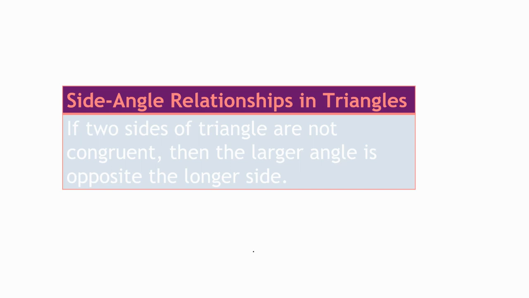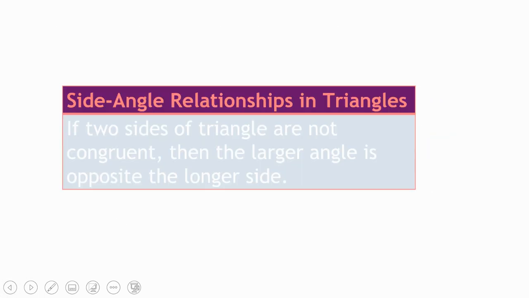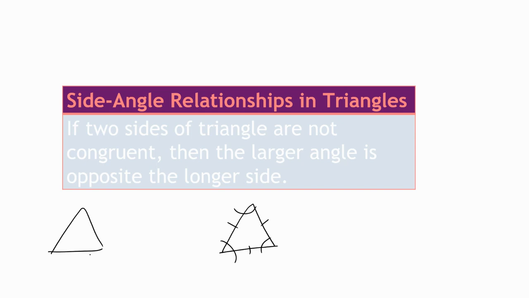So you should start to notice in this unit that there is a direct correlation between the sides and the angles. What we noticed earlier when we were dealing with equilateral triangles is that if all the sides were congruent, then all the angles were congruent. With an isosceles triangle, earlier in the chapter, if two sides were congruent, then two angles were congruent.